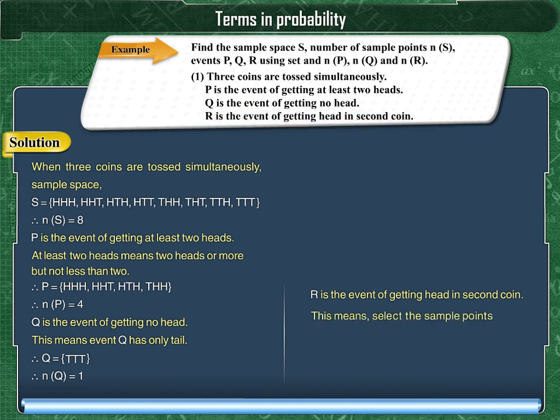This means from the sample space, we have to select the sample points which have H in the middle. The first and third coin can be H or T. Therefore, set R contains elements HHH, HHT, THH, and THT. Therefore, n(R) is 4.